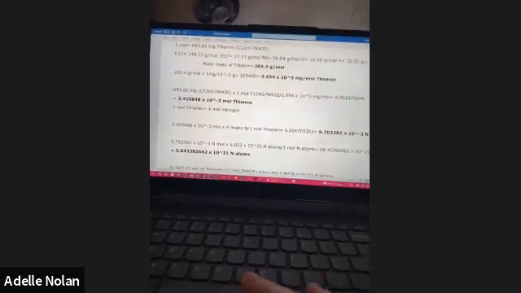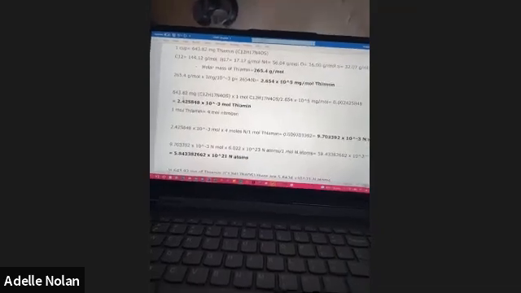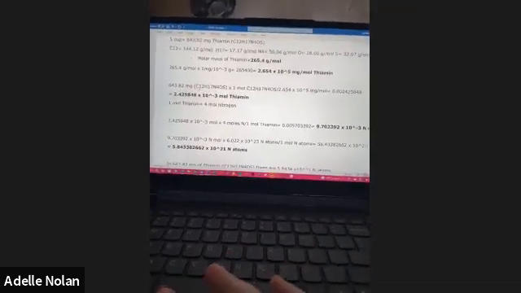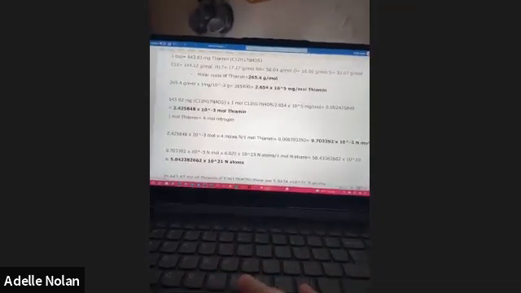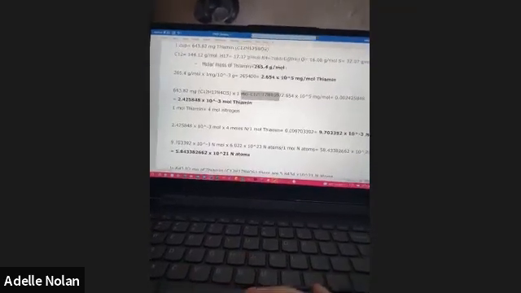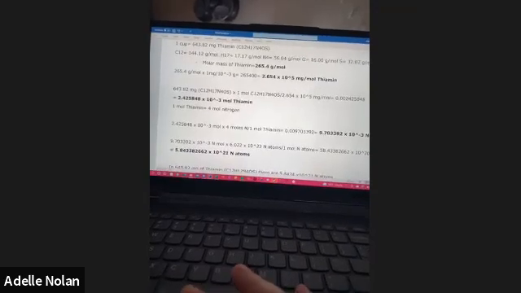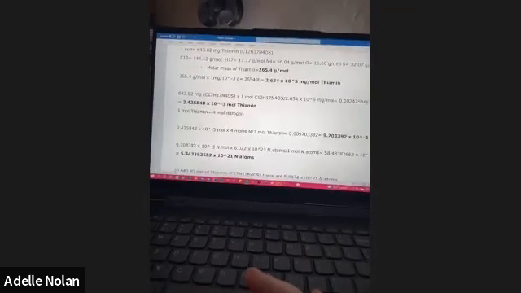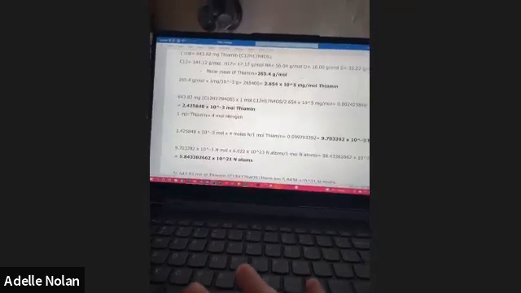Okay, so now you take the original amount that you were given. So you have 643.82 milligrams, which is your initial amount of thymine, C12H17N4OS. Multiply that by 1 mole of thymine over 2.654 times 10 to the 5th power milligrams per mole, which is the molar mass of thymine.